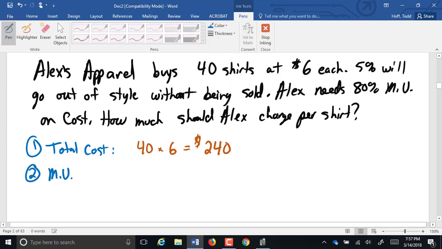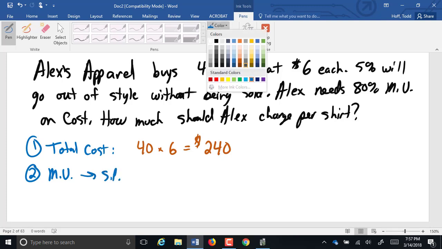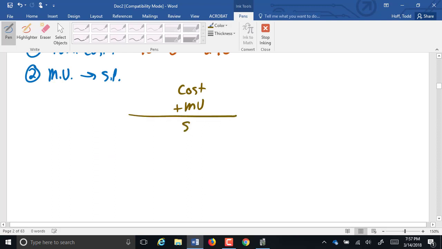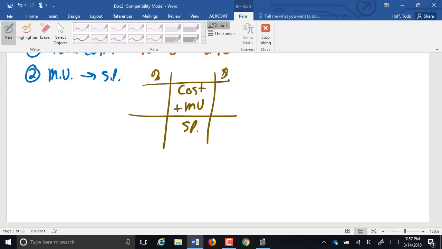Two, we're going to do the markup to find the total selling price. So if cost plus markup equals selling price, that cost of $240 goes in there.